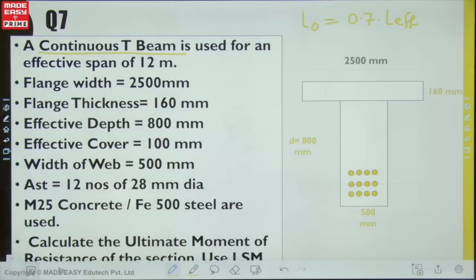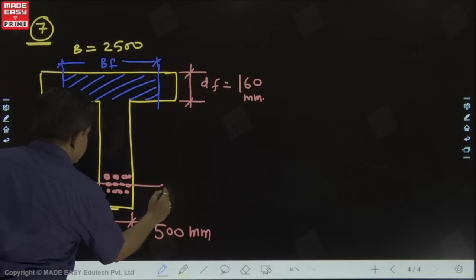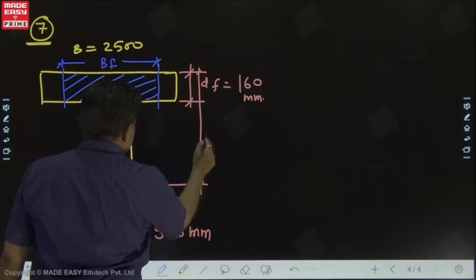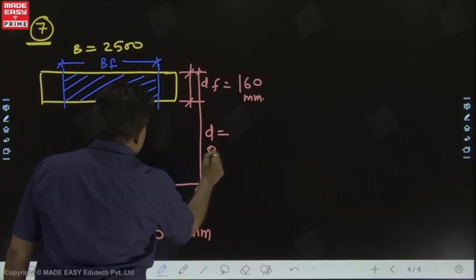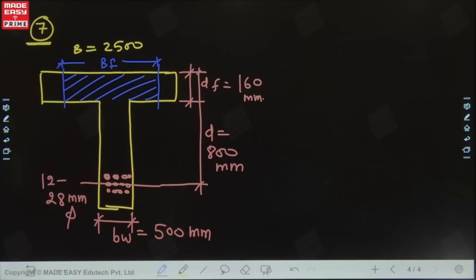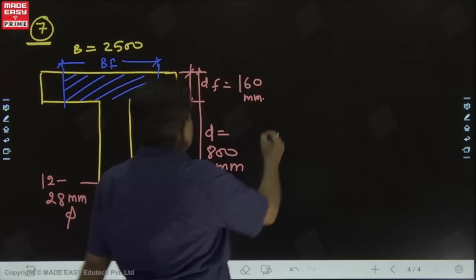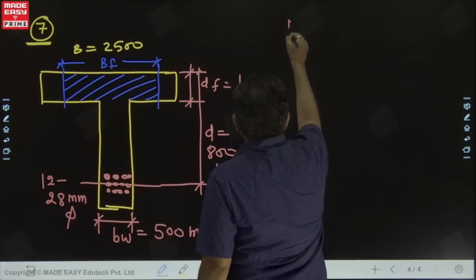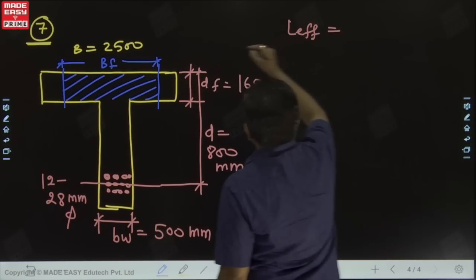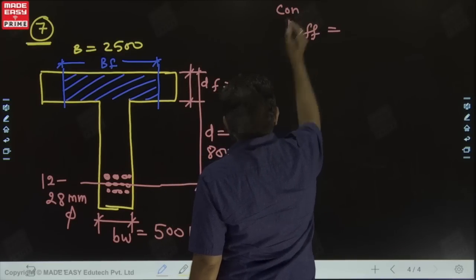And what is the effective depth? Effective depth is 800 mm. So this will be the effective depth of the beam from top to center of reinforcement. This is 800 mm. Okay, for this beam we have to calculate different values. First value we will write is L effective of this continuous beam.